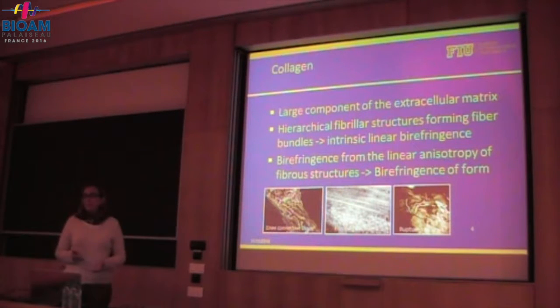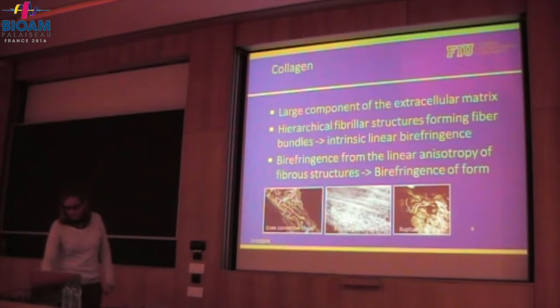And of course it exhibits intrinsic linear birefringence at the molecular level, but also birefringence of form. So by packing all this fibrillar structure, we are creating a birefringent sample.